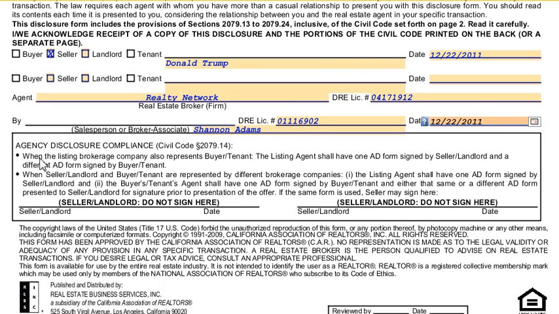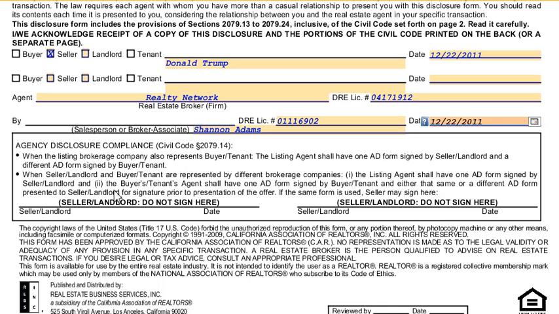The first bullet point says, when the listing brokerage company also represents the buyer or the tenant in a lease transaction, the listing agent shall have one AD form signed by the seller and a different AD form signed by the buyer. So this would be the instance when you are a dual agent and you represent both the seller and the buyer. You would need two separate agency disclosures, one signed by the seller and one signed by the buyer.